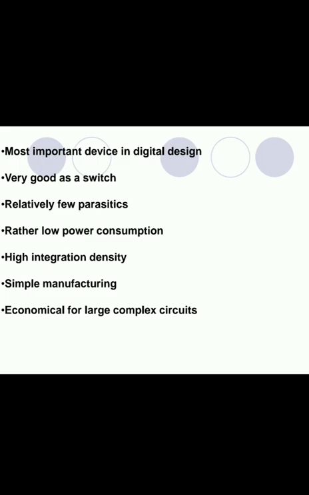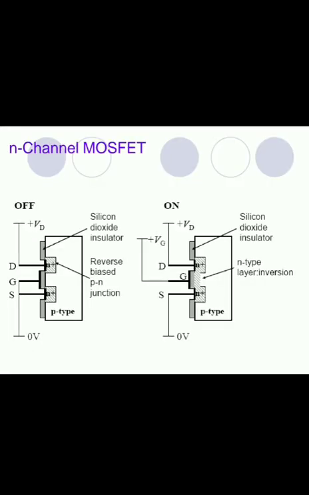It is giving low power consumption, means it is taking low power. And if you see, it is economical for large complex circuits. That's why we can use MOSFET in bulk order. If you see its manufacturing, its construction is very simple.